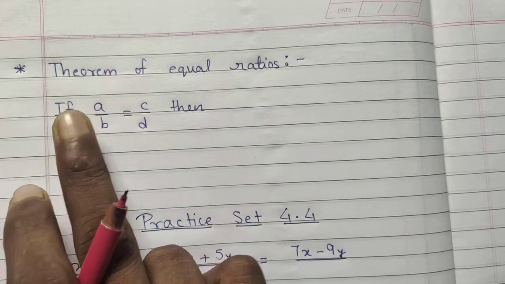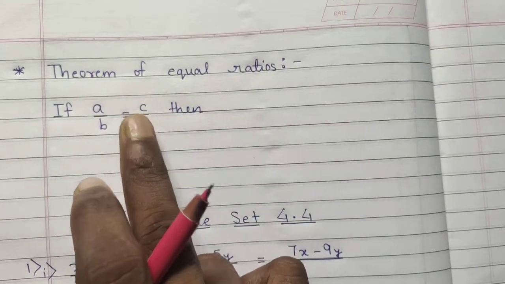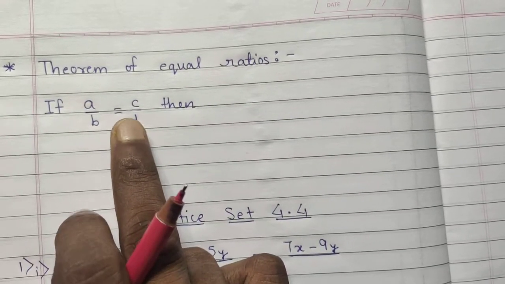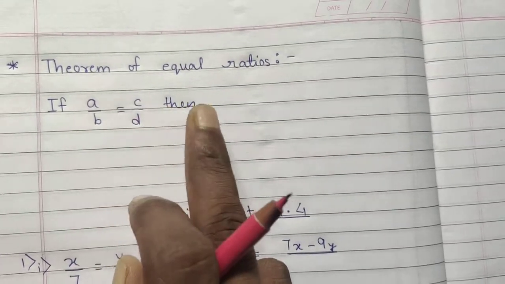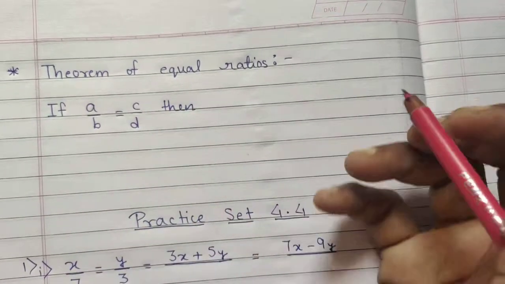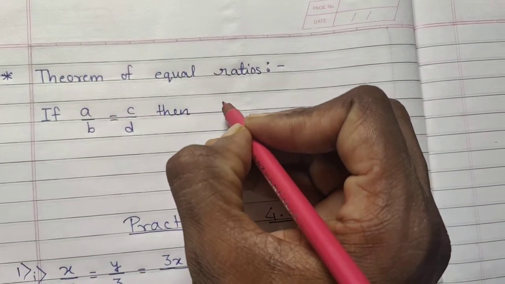If A upon B equals C upon D, meaning we have two equal ratios, and in fact you can have two or more ratios which are equal, then by using this property you can add.